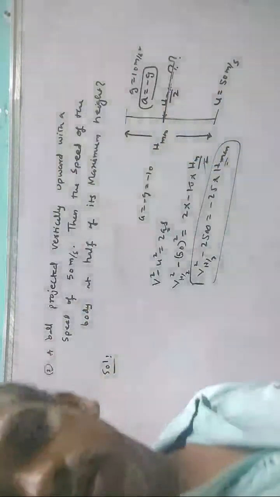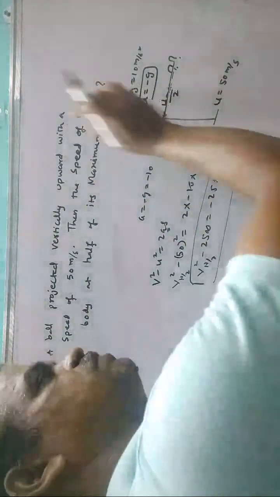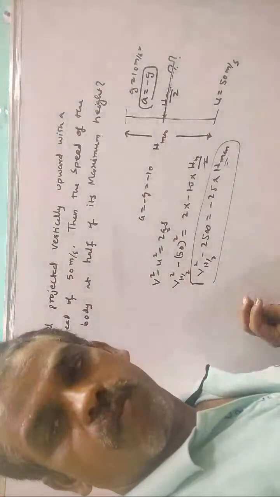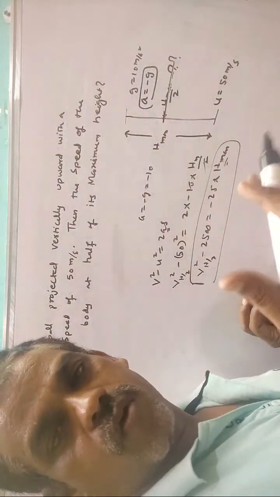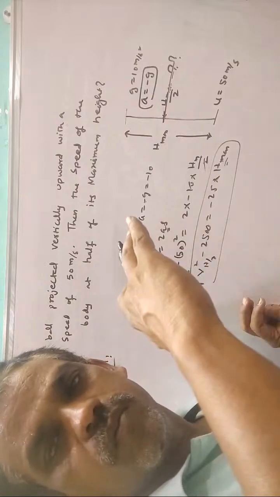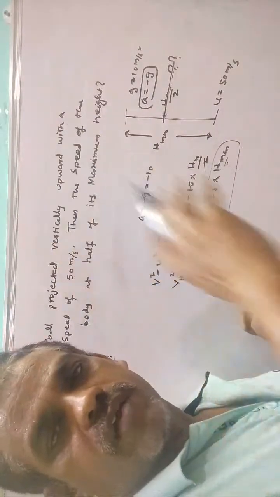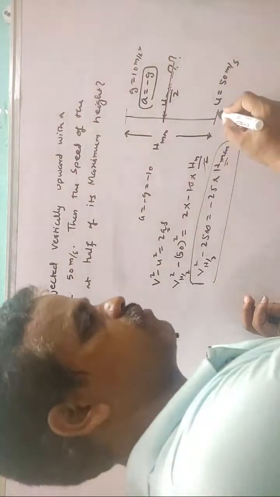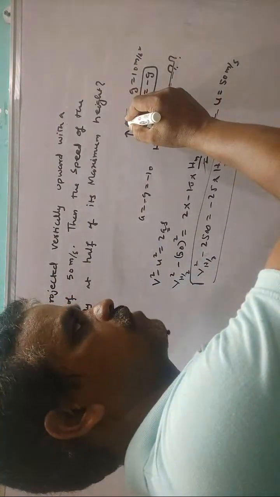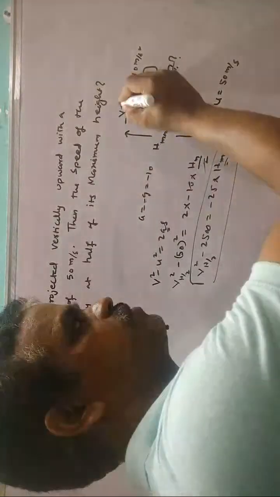Do you know h max actually? When we project a body vertically up, after reaching the maximum height the final velocity will be 0.